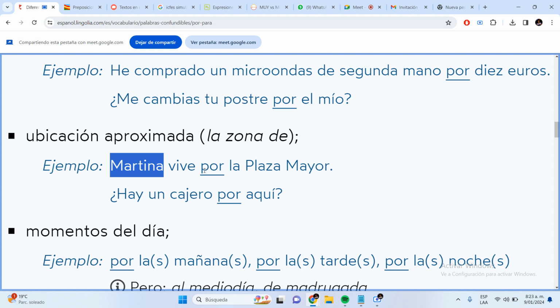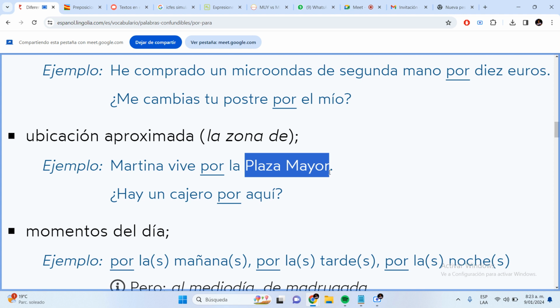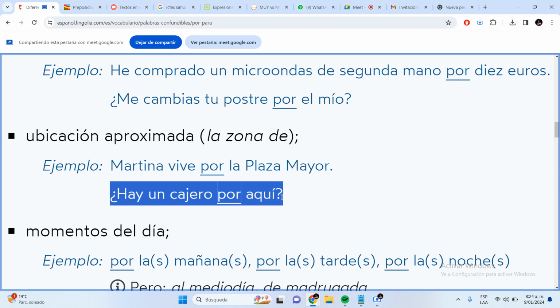She doesn't exactly live in the Plaza Mayor. She lives near Plaza Mayor. Also, if you ask, hay un cajero por aquí, like if you want to say there's an ATM near, what's the word for cajero automático? ATM. Yeah.